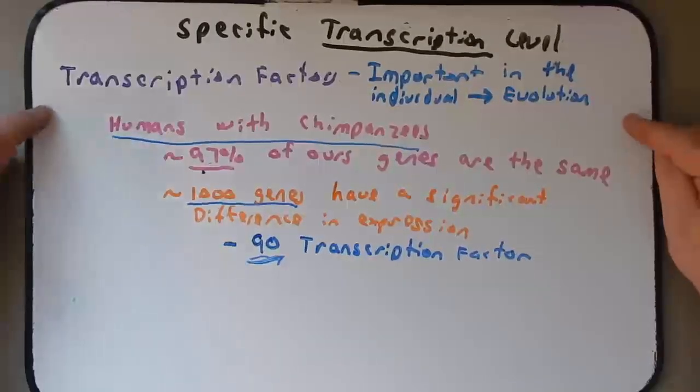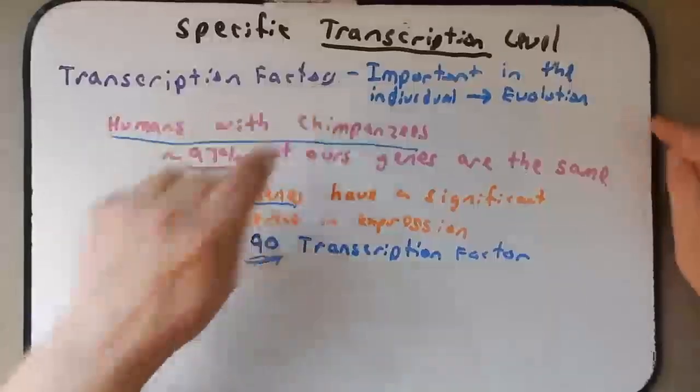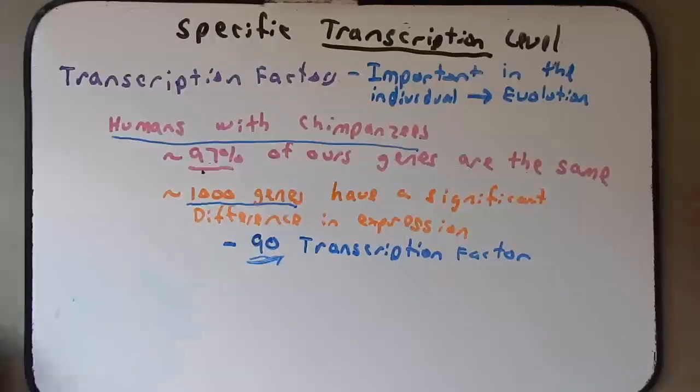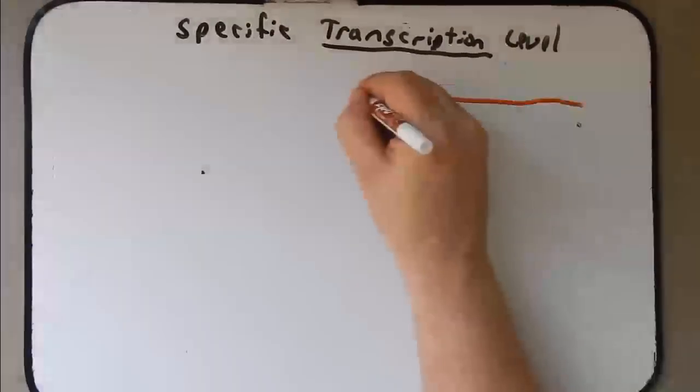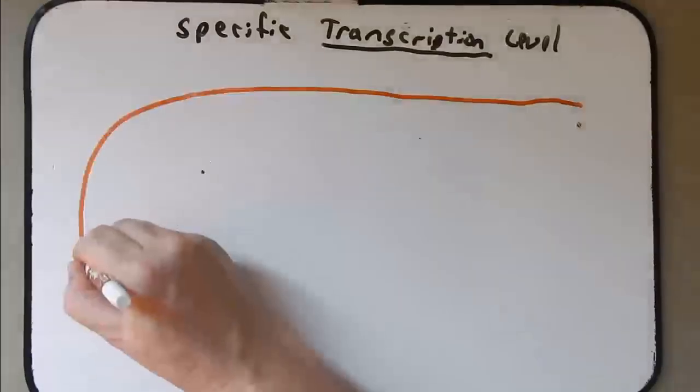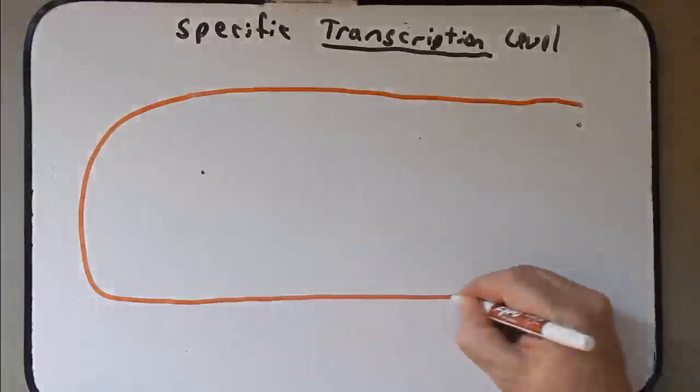So now I want to dive into what these transcription factors are doing at the DNA level. And some of this won't be new to you because we've already talked about transcription factors in a general sense, but I want to talk about them in a greater detail now. So now that we can see how important the transcription factors are, I want to draw a gene here, and I'm just going to draw it as a single line, this large piece of DNA here.